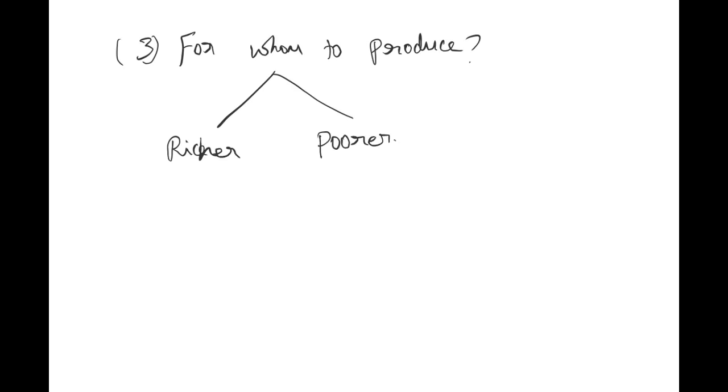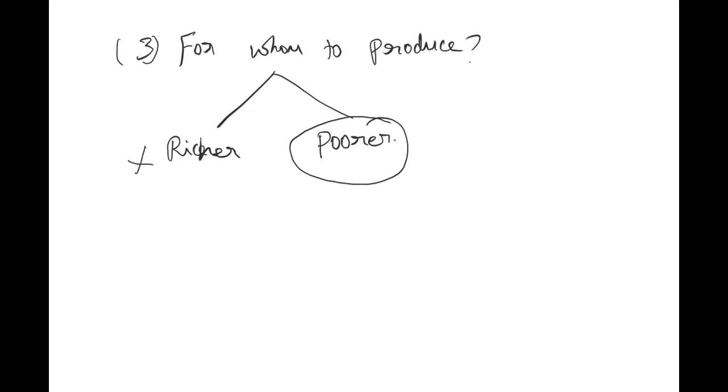Okay, then indirectly it means whether the country is choosing to produce the commodities that cater to the needs of the richer sections of the society, that is the luxurious goods, or whether the country is going to decide about the production of those commodities that are mostly demanded by the masses of the country, that is the poorer sections of the country. So morally, if you see, the country should allocate the resources in such a way that it is catering to the needs of the poorer sections of the society and not the richer sections.